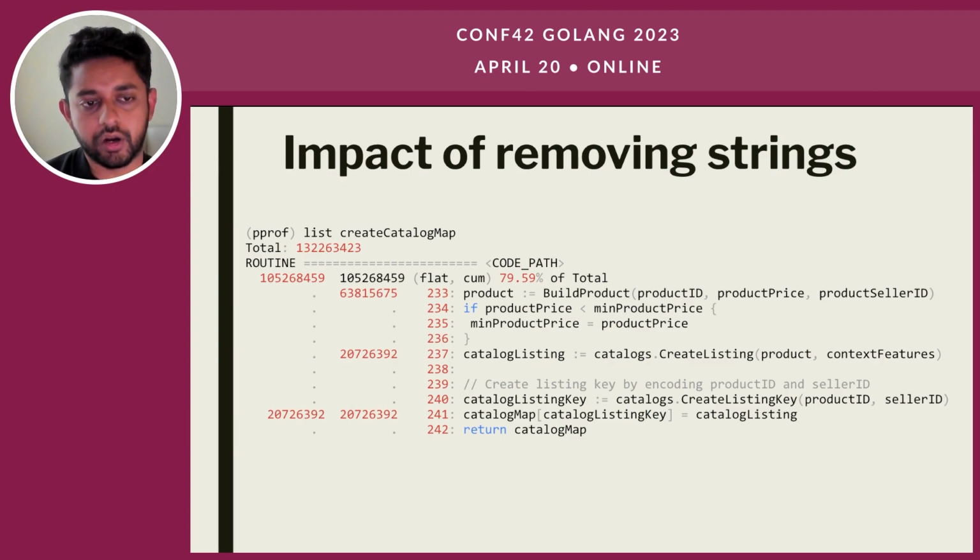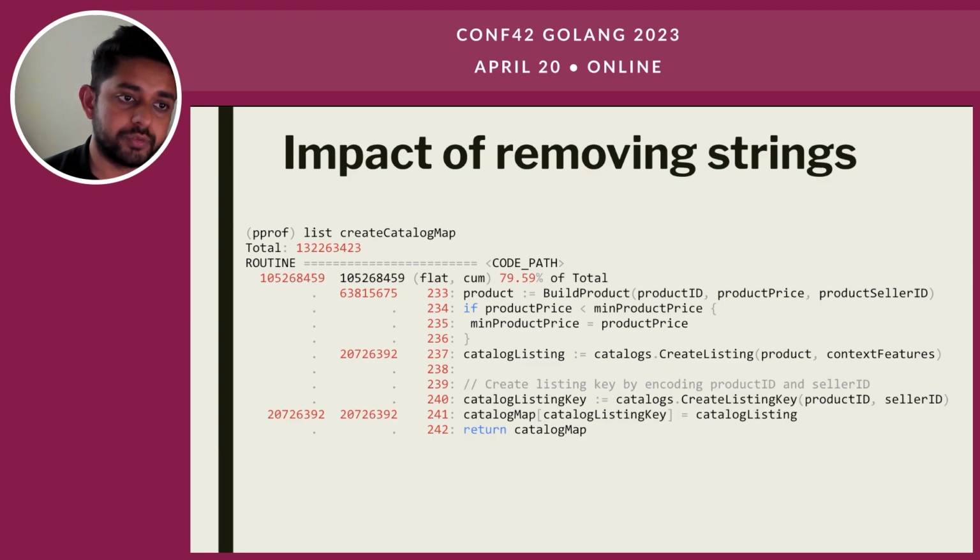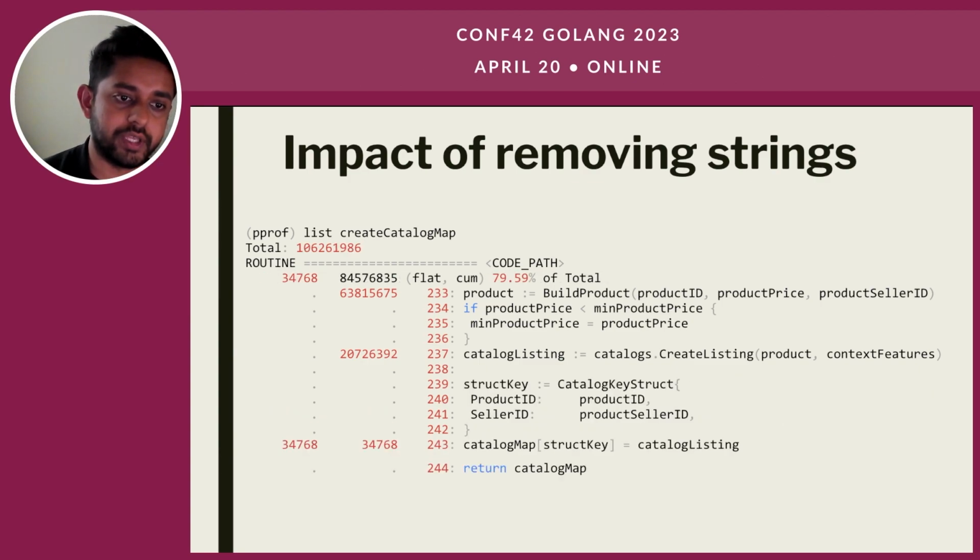Let's say this catalog listing key is actually a string object. If we then change how we're creating the key to instead use a struct, so lines 239 to 241 here show that we are starting to use a struct for the key instead, rather than using a string as previously, we can see that we reduce the number of heap objects by 26 million between these slides, which is around 20% of our heap usage.